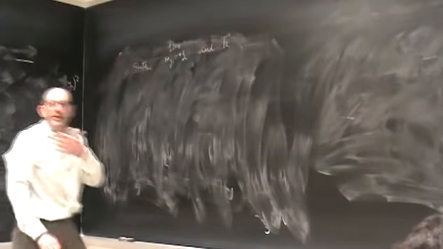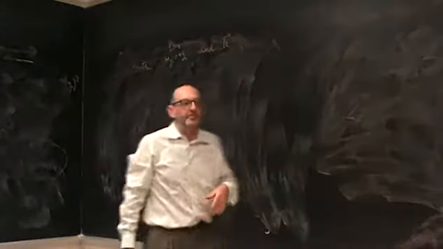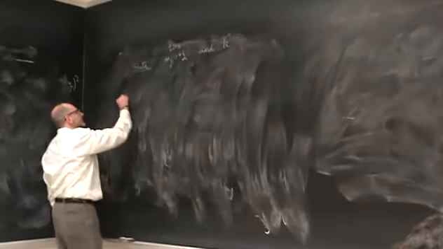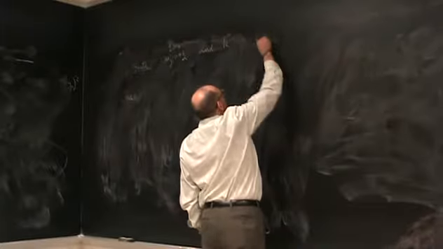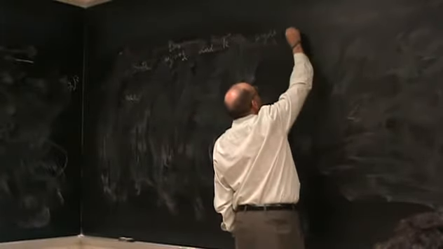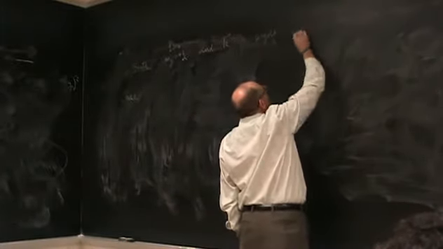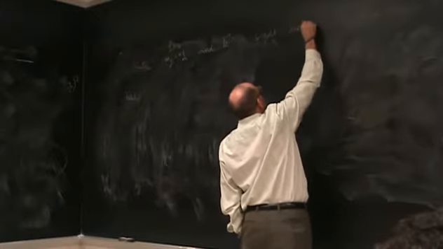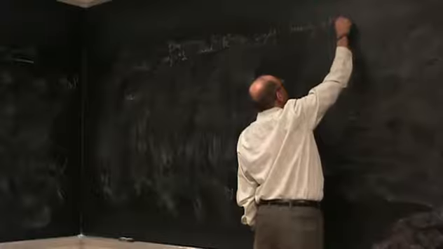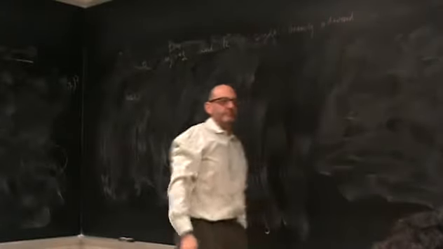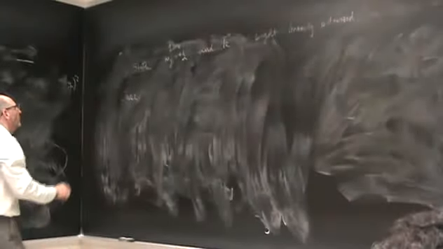Now I'm going to put a coordinate system. So let's look at case 1. So the state is this, and the light is linearly polarized. Okay? So case 1.